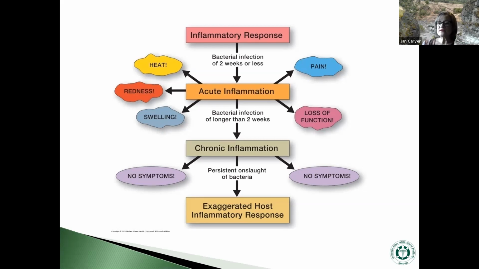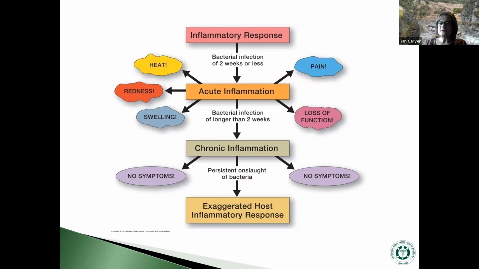And so you may have loss of function. You're not going to use that particular finger for some things until it starts to heal up. And so that's an acute inflammation. Yes, we start with acute inflammation when it comes to periodontal disease. You start with just gingivitis, which is an acute inflammation.